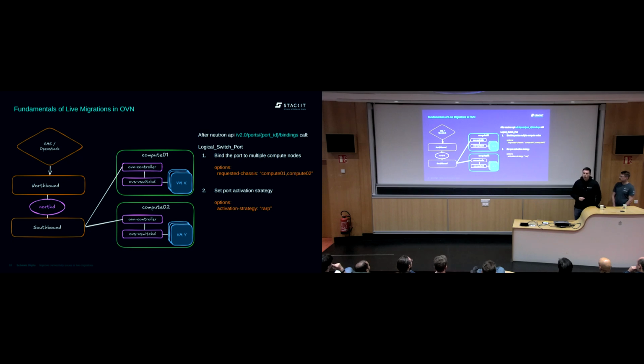And OVN has the feature of multi-chassis bindings that you can enable by setting multiple chassis in requested-chassis. A chassis in OVN language is the same as the term hypervisor or device that is used by OVN.